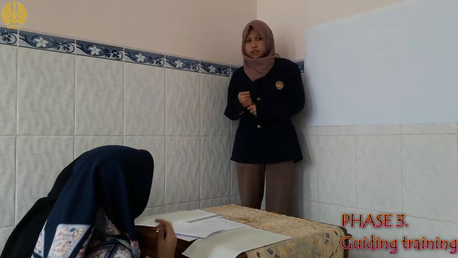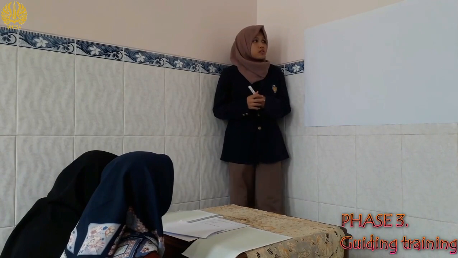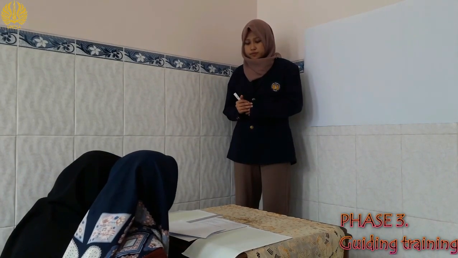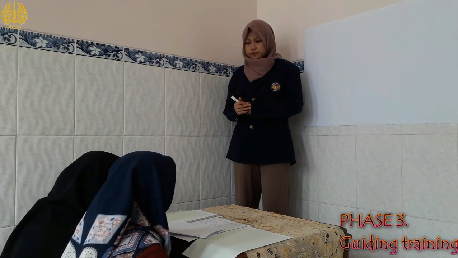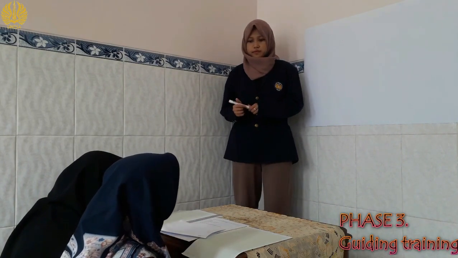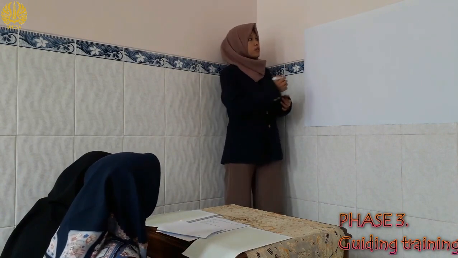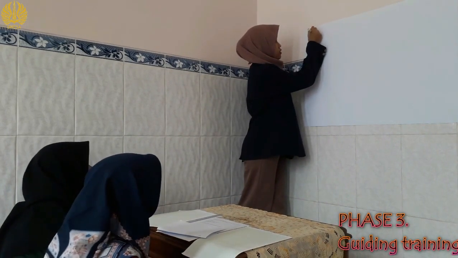Okay, now you can do it individually. What are we looking for? First, we assume that goat is x and chicken is y. Okay, so we have to find two mathematical models.